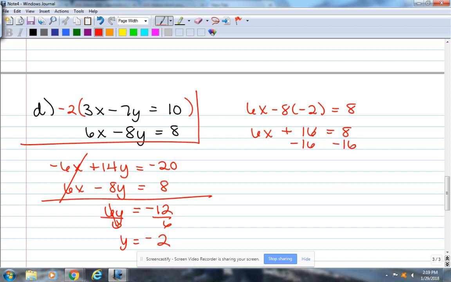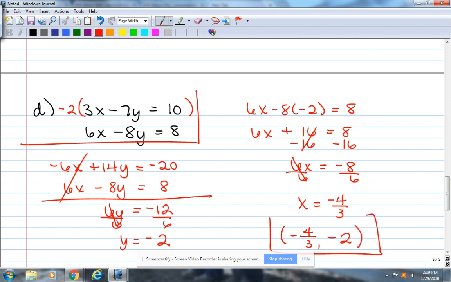Subtract 16 on both sides. 6x equals -8. And we're going to reduce that. x equals -4/3. And it's okay that we get fractions. Just reduce them.